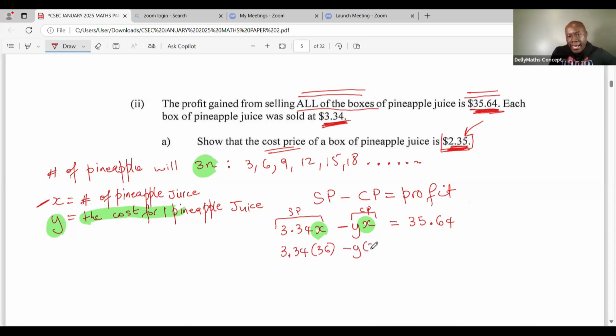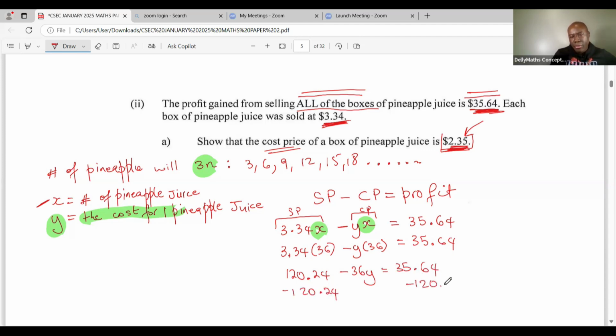Minus y times 36 again, and this is going to give me $35.64. Let's multiply $3.34 times 36. It's going to give me $120.24 minus 36y. This is equal to $35.64.